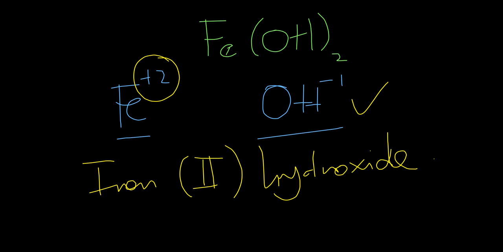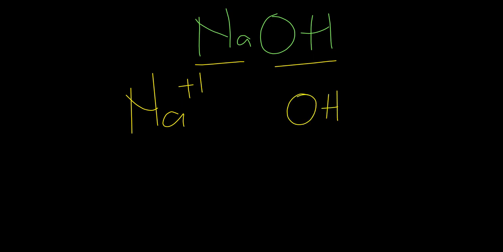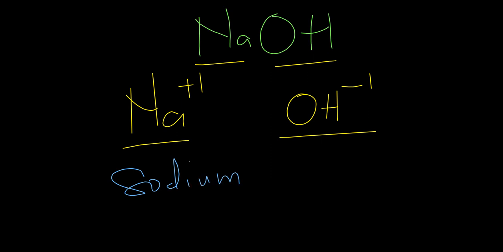We have sodium. In this part, we have sodium plus 1, then OH minus 1. We name this. So our sodium will come first. Do we need parentheses? No, because sodium has a fixed oxidation number, which is 1.